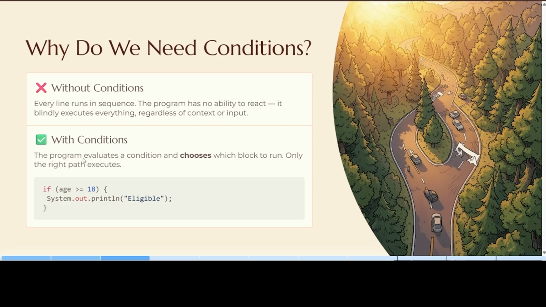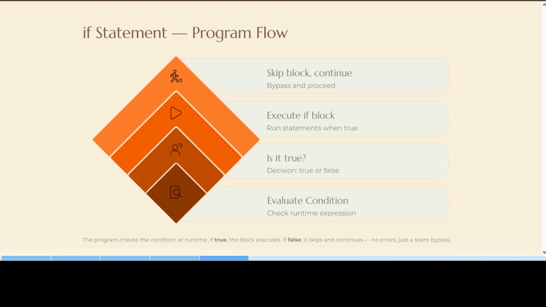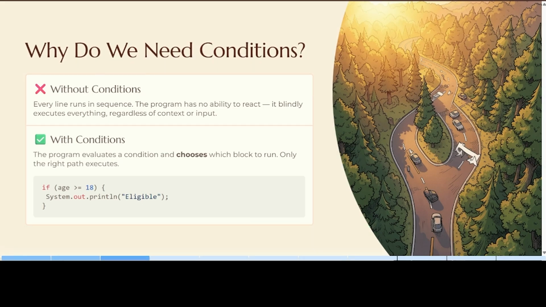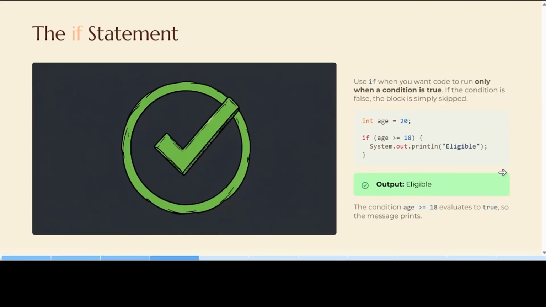Next, we are going to see the if statement. Now only the if statement. If the condition is true, this block is executed, otherwise the next block will be executed. So the if block is executed whenever the condition is true. Keep it in your mind like that.